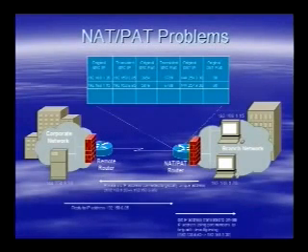All right. If we look at some of the problems that exist, you've got two different areas of a network trying to talk with NAT and PAT. If you look at the first arrow there, you have a private source address, and it's converted to a globally unique address.